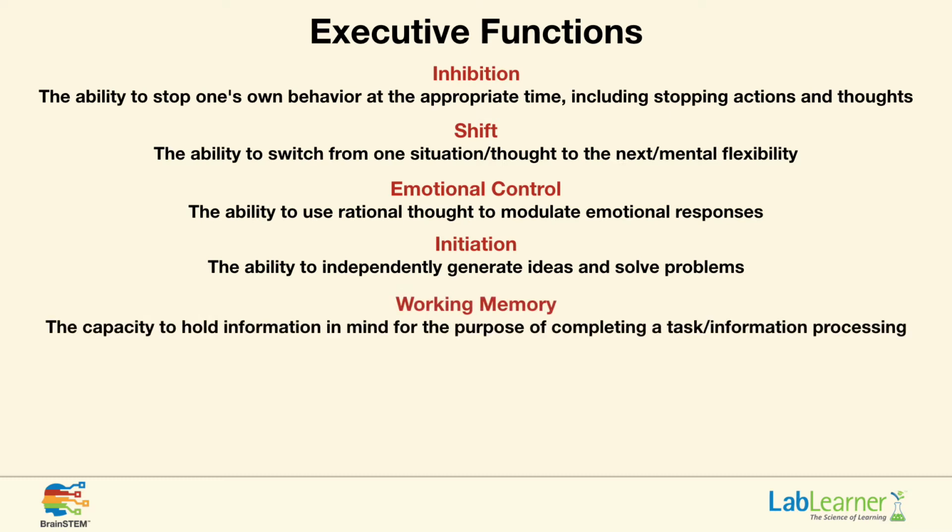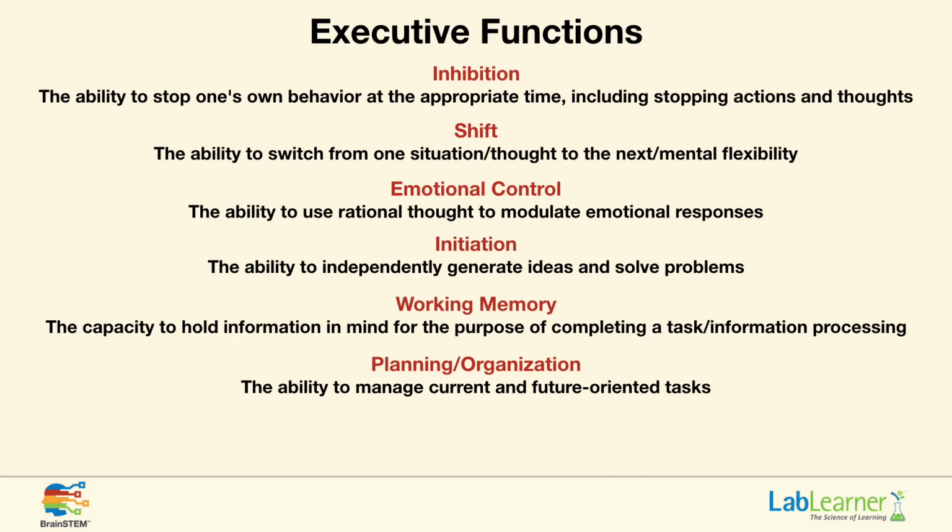And here, with working memory, we get back to that entire information processing model of arrows, short-term, long-term memory, consolidation that we talked about previously. And this is the capacity to hold information in the mind in short-term memory for the purpose of completing a task or processing that information. Okay, so this is a huge part of executive functions, and a part that's very important to the actual cognitive steps in learning and memory.